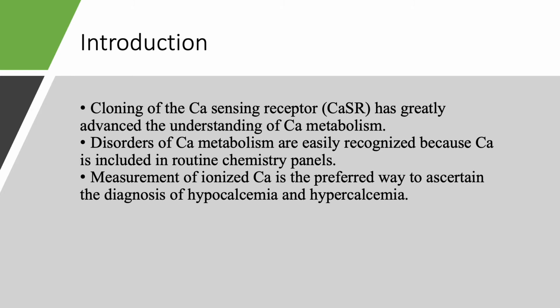As we shall see, albumin, low or high, can interfere with total calcium, while sometimes ionized calcium is normal. So if you can measure ionized calcium, it's preferable. It's not readily available. It takes some time. So oftentimes we rely on total calcium that is included in regular chemistry panels.